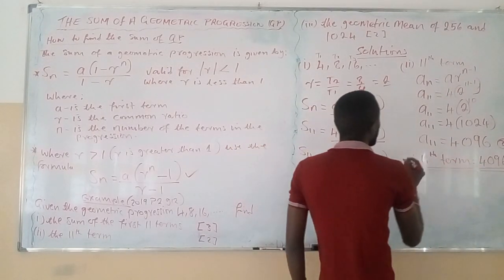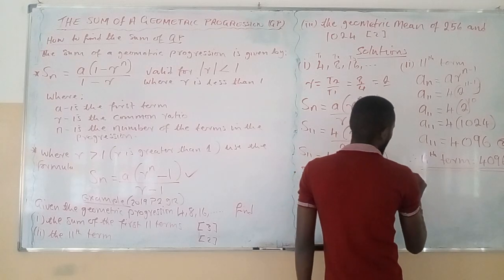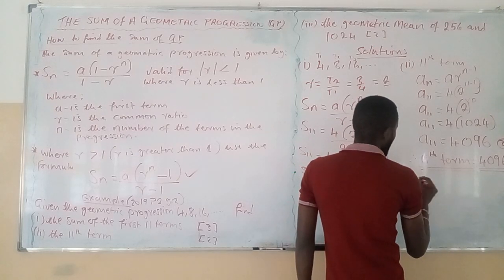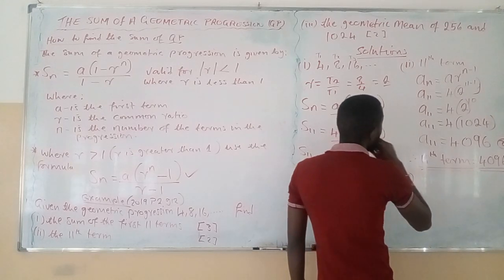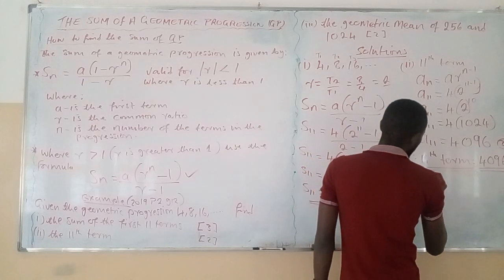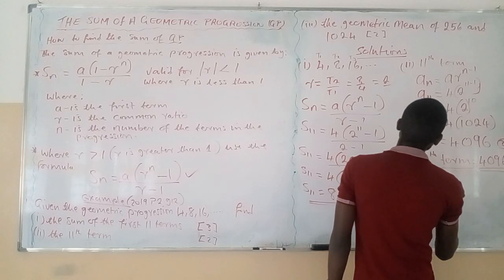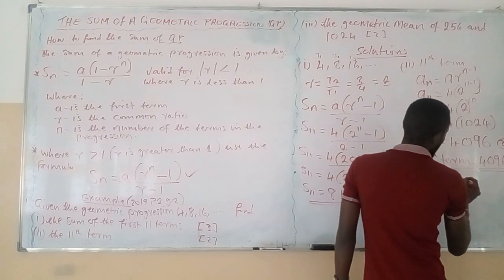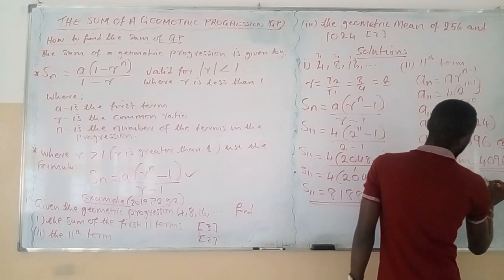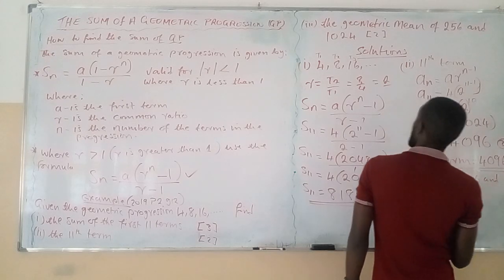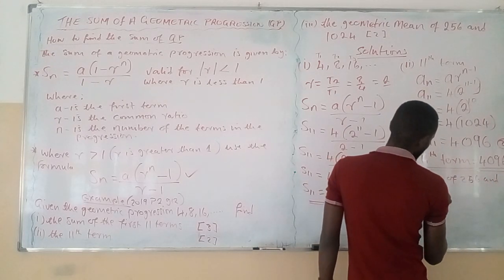Now let us solve question number 3. In question number 3, we are simply finding the mean between 256 and 124.